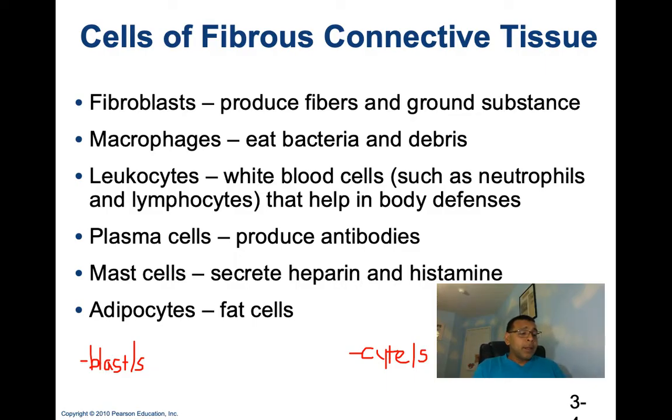Along with that, we have mast cells, and they're going to be responsible for secreting heparin and histamine. So they initiate the inflammatory response via chemicals called heparin, which is an anticoagulant, and histamine, which is going to help to make the capillaries leaky.